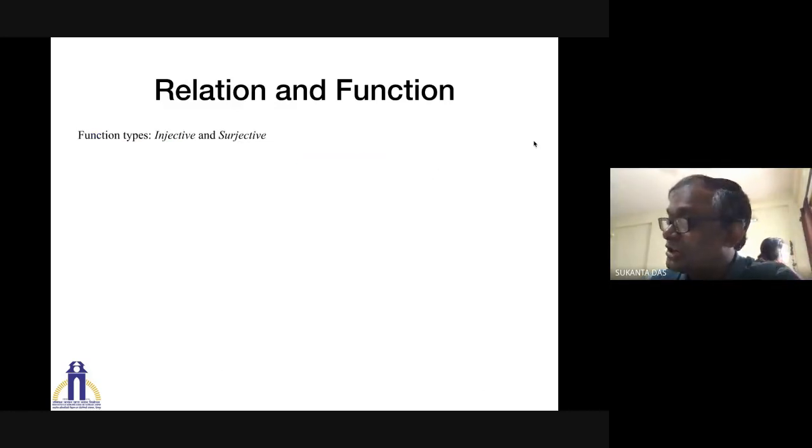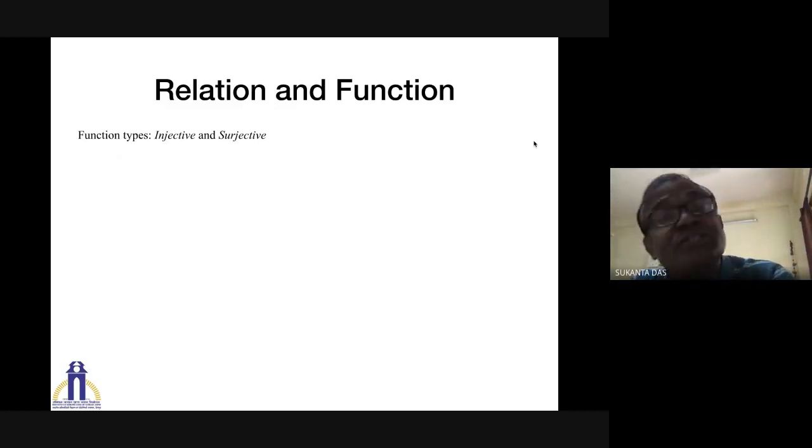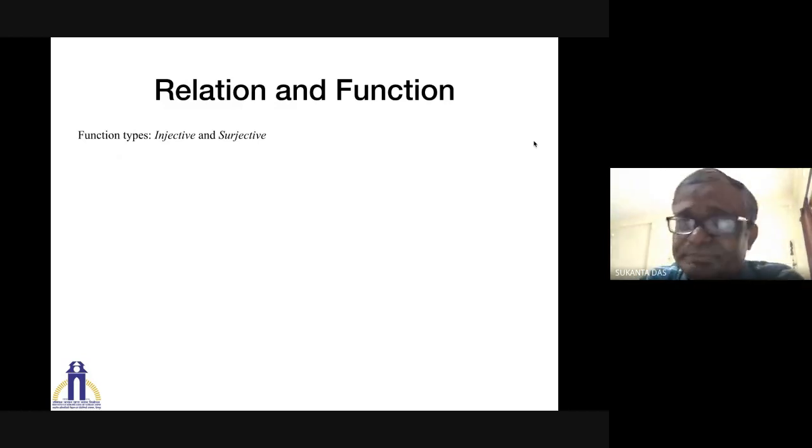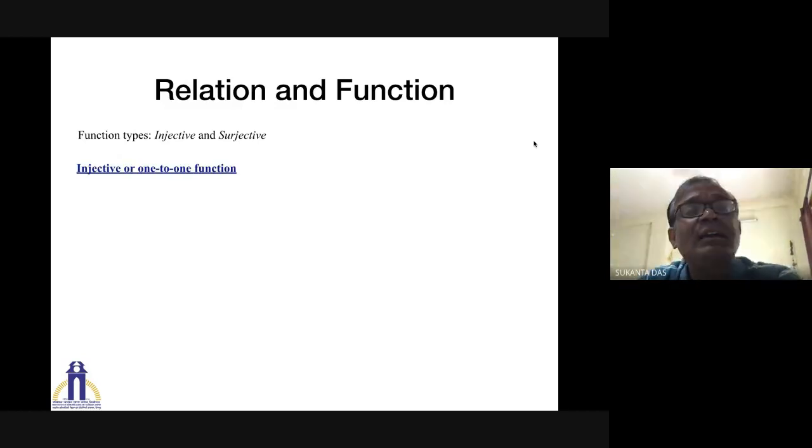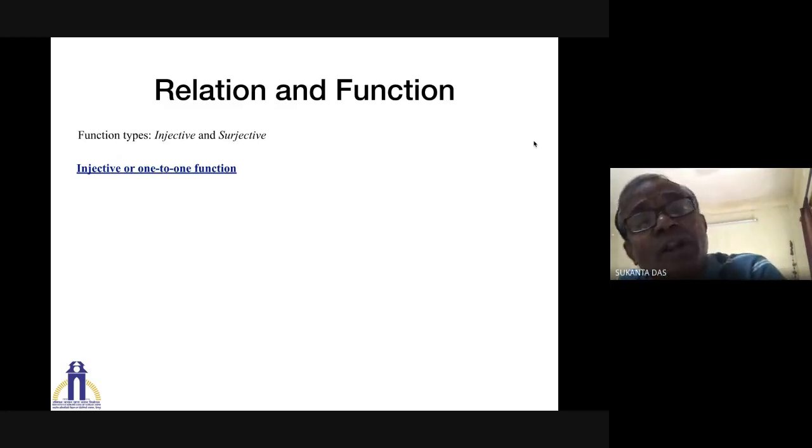Now, function types. Functions we have defined, but there are some special types of functions, and we have much interest in these special types. In this course also, we shall deal with these special types of functions. They are known as injective and surjective. We shall define them one by one. An injective function is actually a one-to-one function.